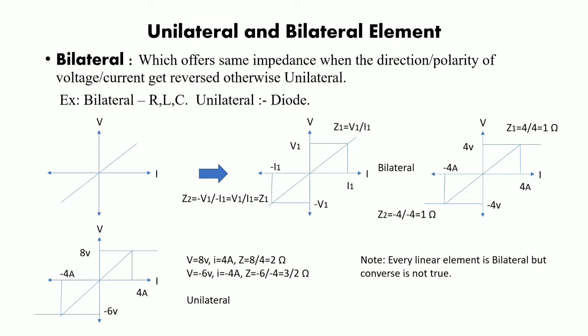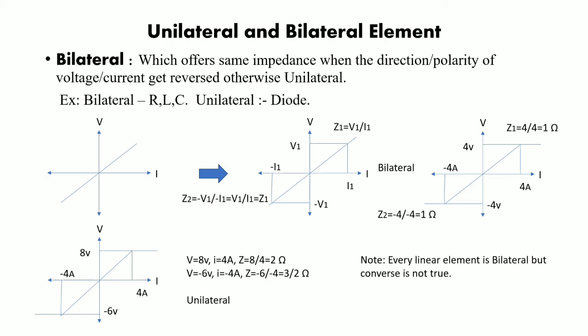Now see in third quadrant V is equal to minus 6 volt, I am getting current equal to minus 4 ampere. So Z is equal to minus 6 upon minus 4 is equal to plus 3 by 2 ohm. So now here I am getting different impedance when polarity of current gets reversed. So this element is called unilateral.